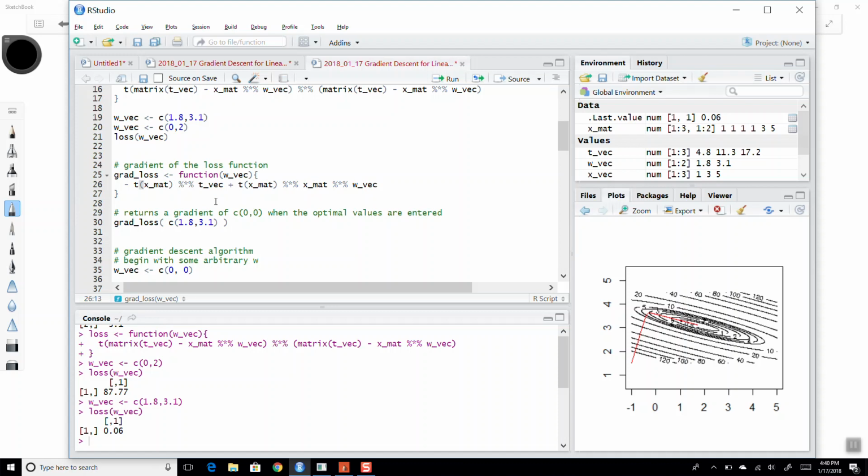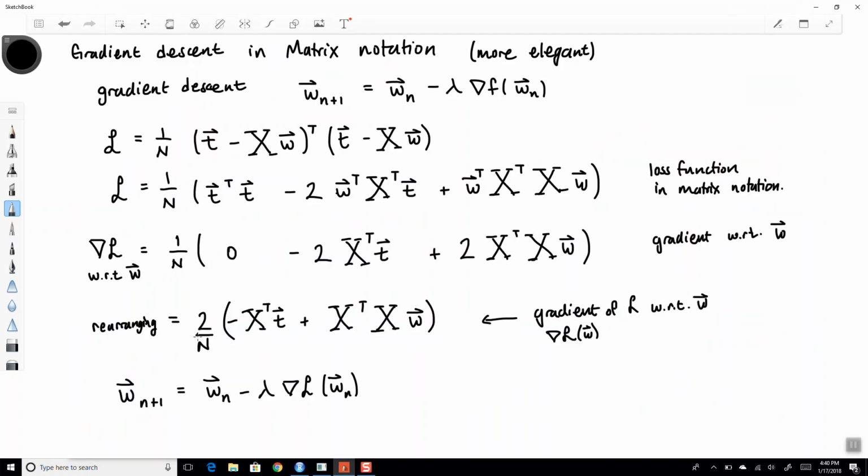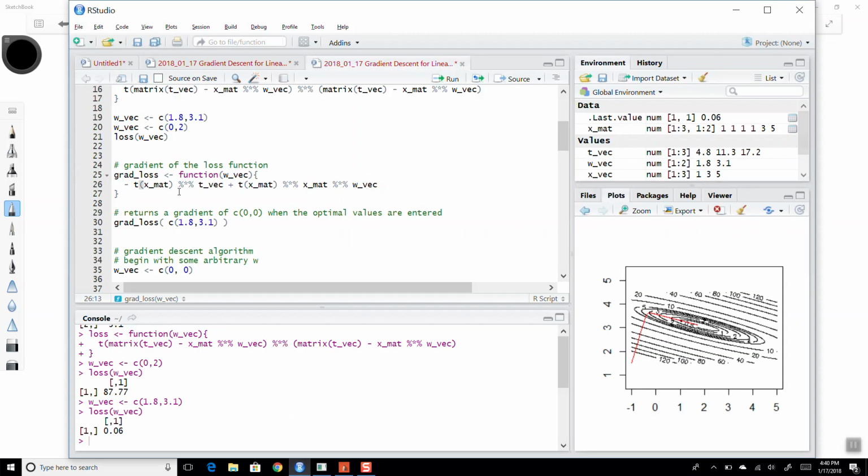I threw away the coefficient 2 over n, but as far as the gradient goes, that's what we have. To calculate the gradient, we just plug the current value of w into the function, and we get the gradient of the loss function.